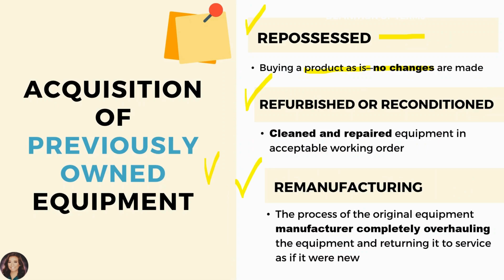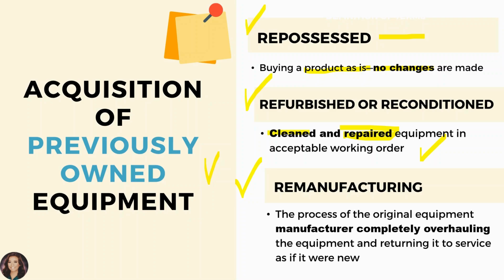What about refurbished or reconditioned? So this time, nag-undergo na siya ng cleaning, nag-undergo na ng repair, and with that, acceptable pa rin naman, pwede pa rin naman siyang i-operate. Okay, nag-undergo lang ng konting mga repair.